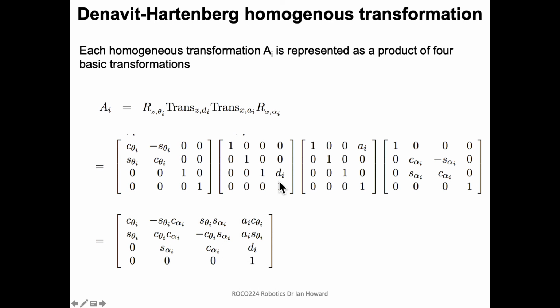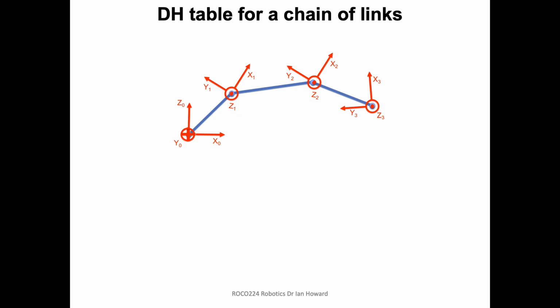We multiply them out, and this gives us the homogeneous transformation matrix representing the mapping from frame n to frame n minus 1, but you have to put the appropriate parameters in, of course.